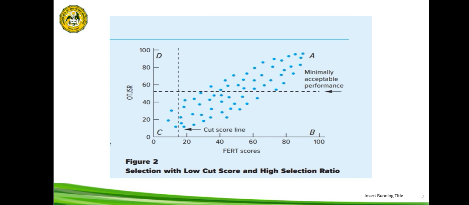As you can see the dots there in the graph in all the quadrants, that is 60 kung bibilangin mo. Now, in quadrant A and B, just to the right of the vertical cut score, the vertical cut score is here. So it was set in 18.